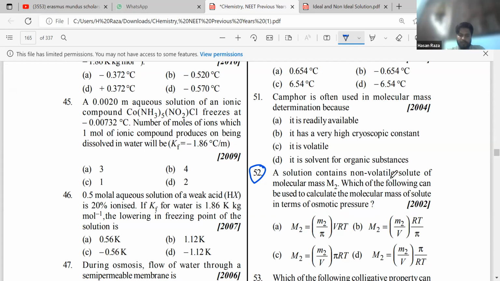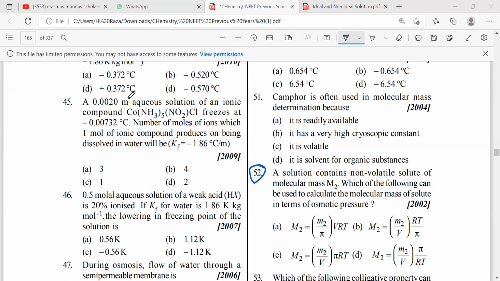Please let me know the answer. Is it option B?